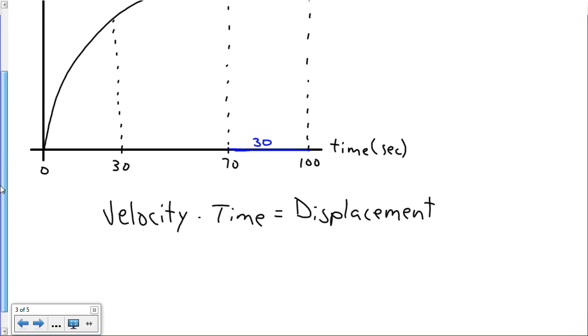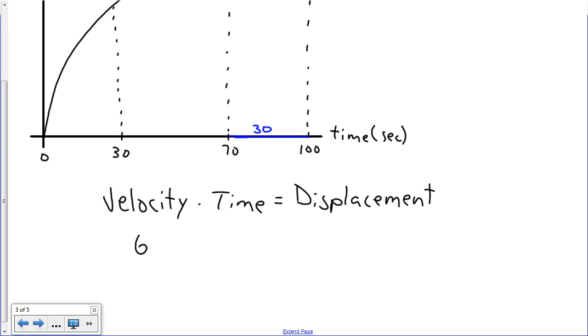I can plug those two things in. My velocity is 60 feet per second, my time is 30 seconds, and I can calculate the displacement by multiplying those two. So 60 times 30 is 1,800. Notice, by the way, that these seconds cancel out and leave us with just 1,800 feet.